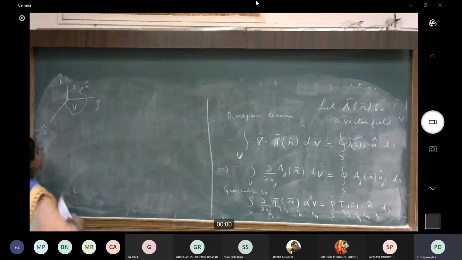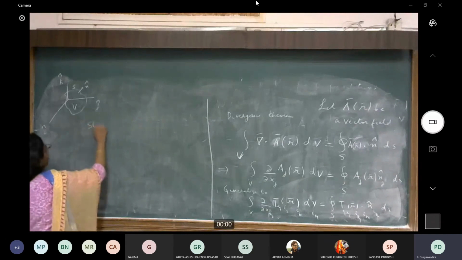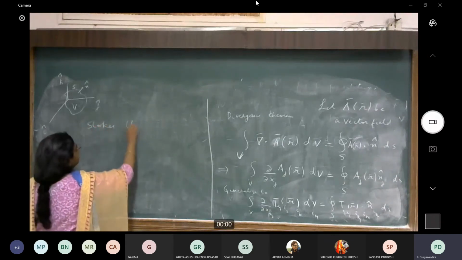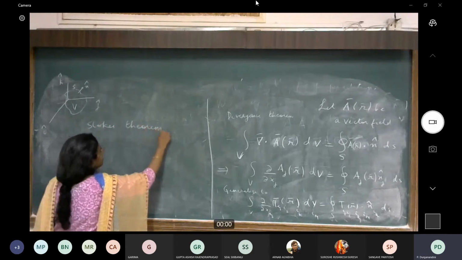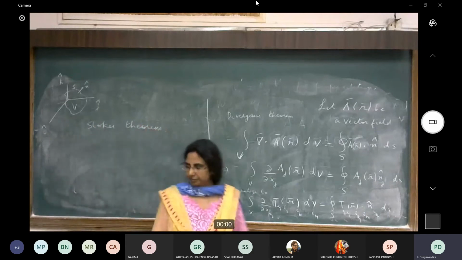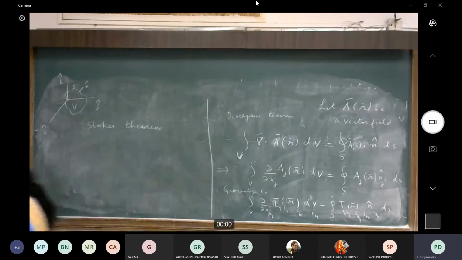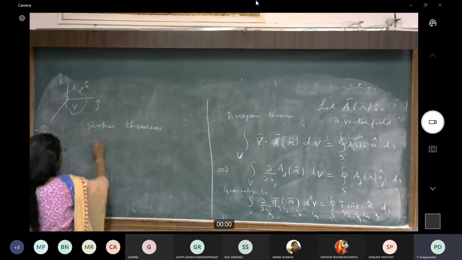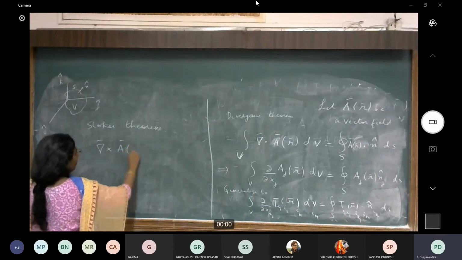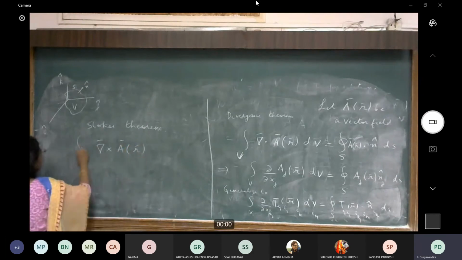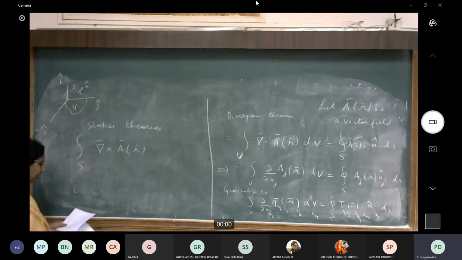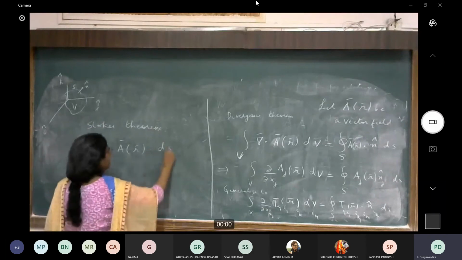So, what does Stokes theorem do? Stokes theorem relates an open surface integral to a line integral. So you have the integral of del cross A of r over a surface, dotted with dS.